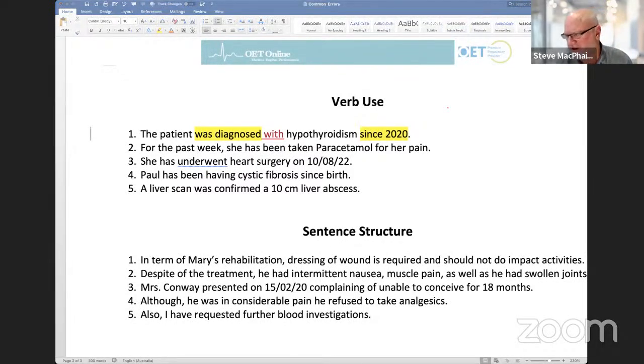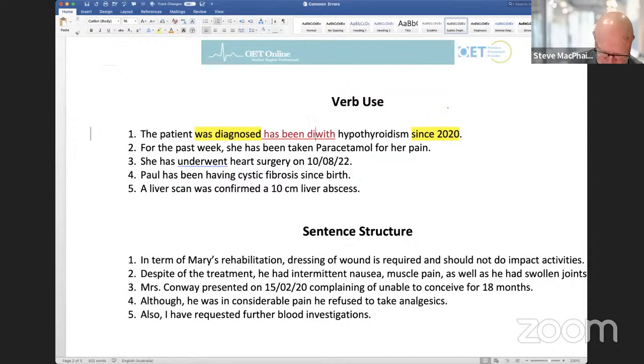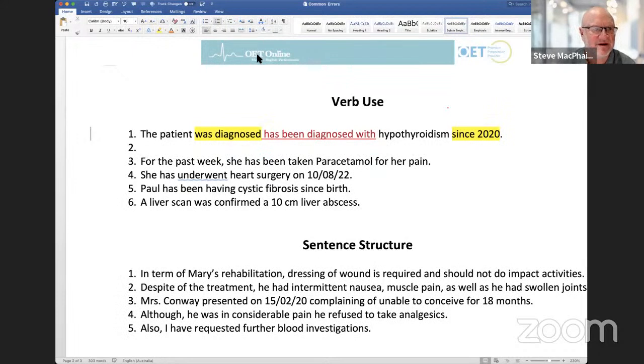Something wrong with since, that's right, Shanmuga. If we're going to use since, we really should say has been diagnosed with, right? Or we're going to do something a little bit different, aren't we?